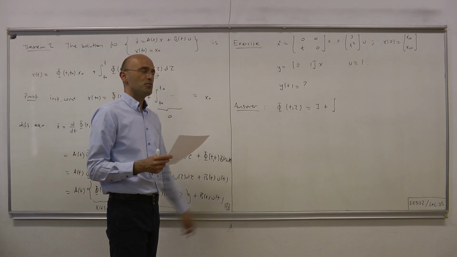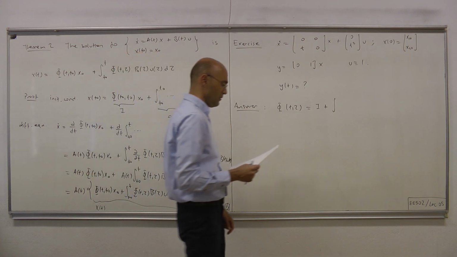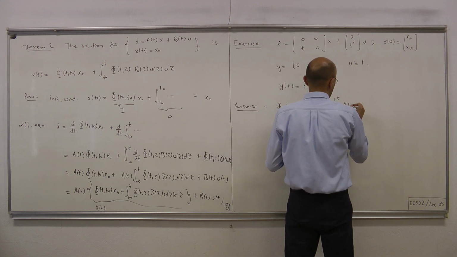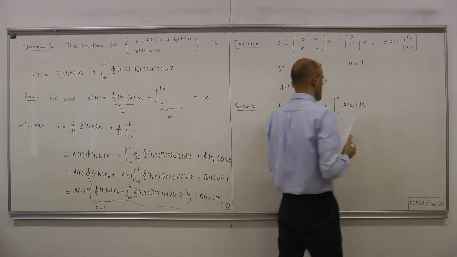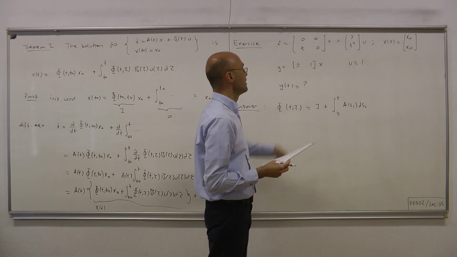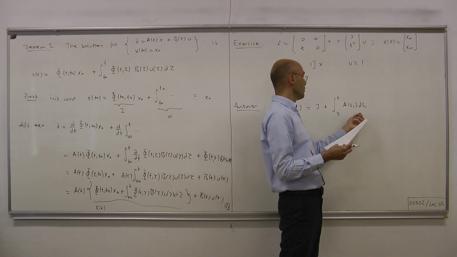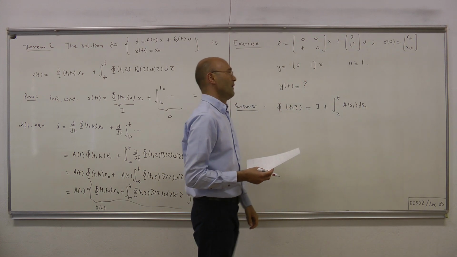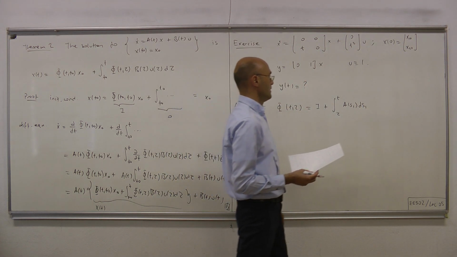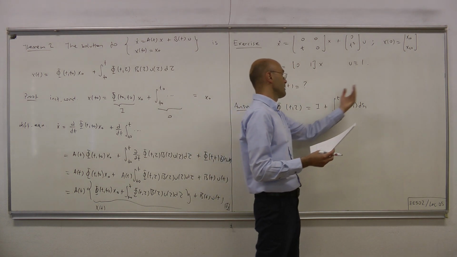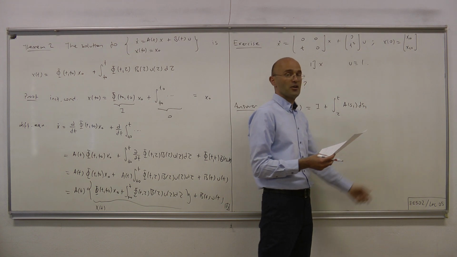All the terms starting from the third term, integral of A(s1) ds1, plus integral of A(s1) times integral of A(s2) ds2, and so on, then A(s1) integral A(s2) integral A(s3) and so on.